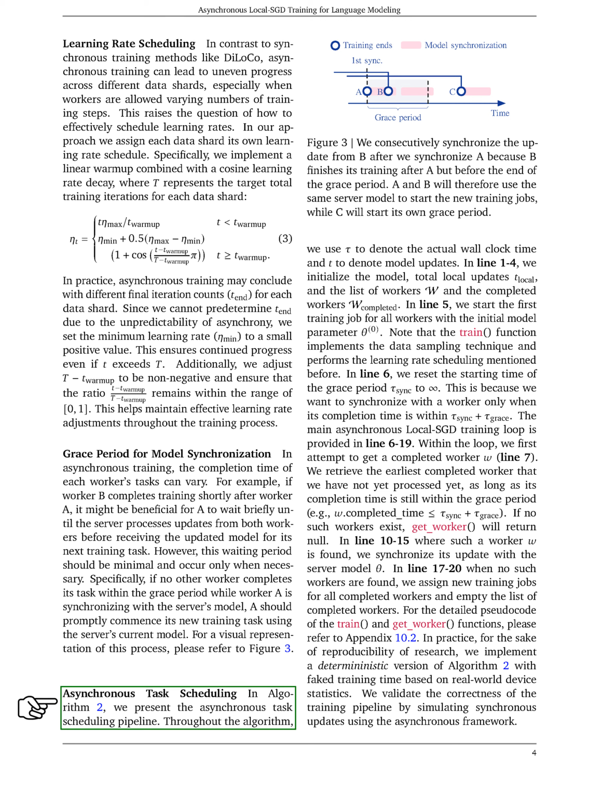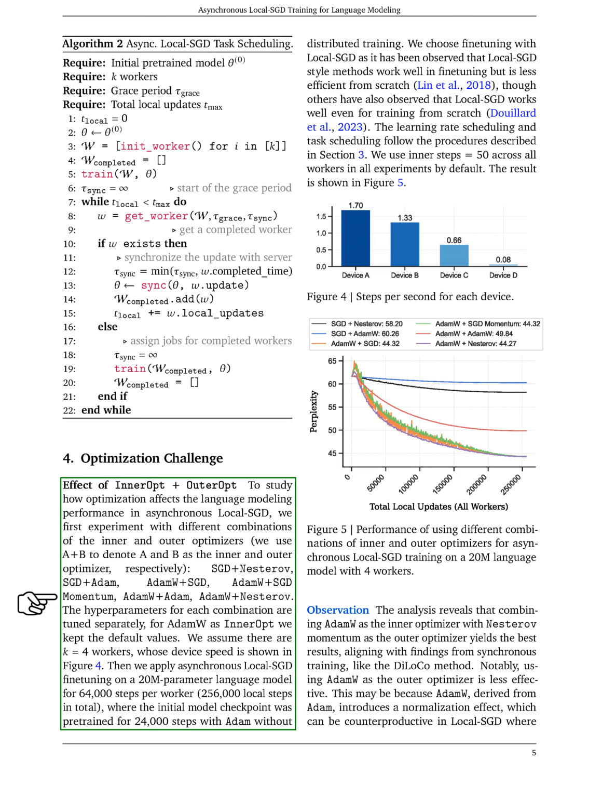Section: Optimization Challenge. Let's delve into the challenge of optimization and its impact on language modeling performance in asynchronous Local-SGD. We'll start by experimenting with different combinations of inner and outer optimizers. Here, we'll use the notation A plus B to indicate A as the inner optimizer and B as the outer optimizer.